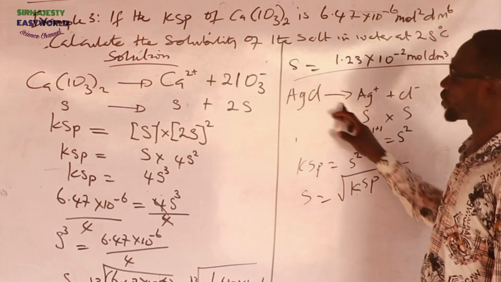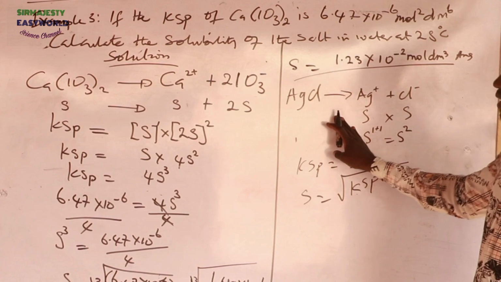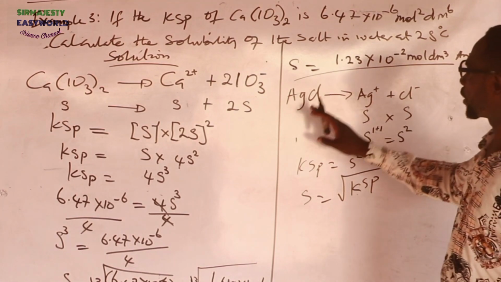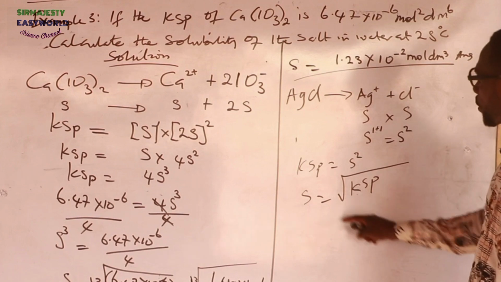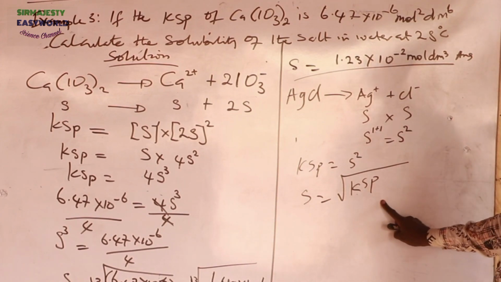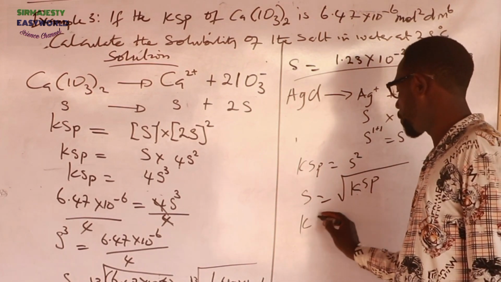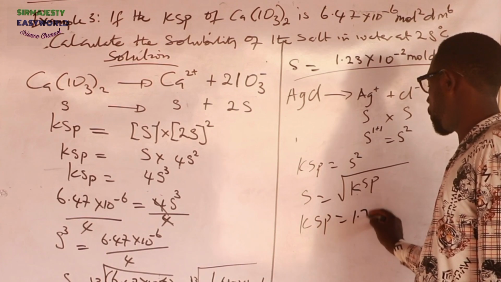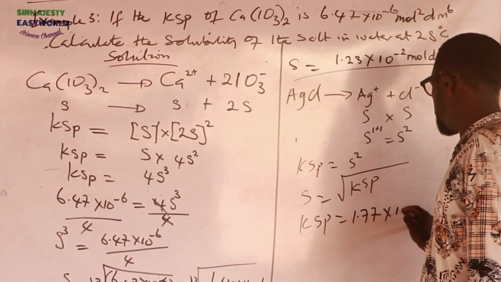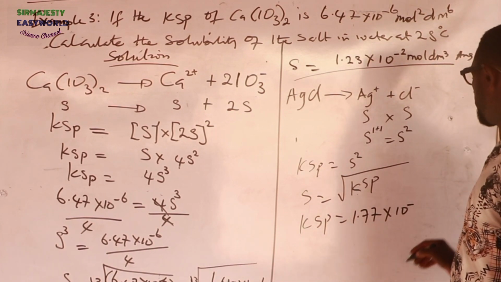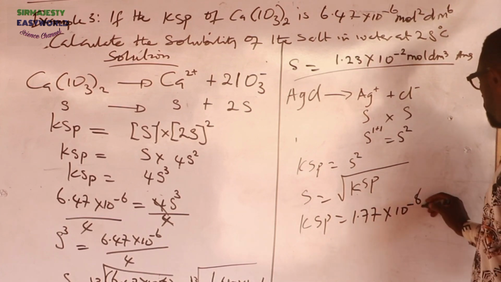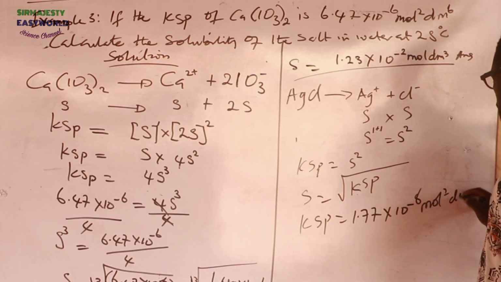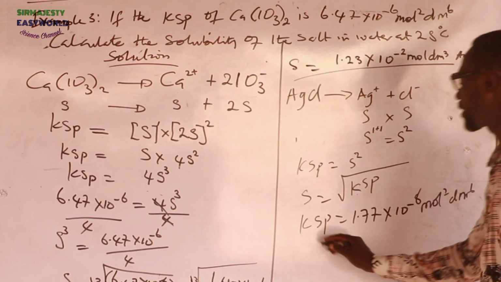So if I give you the KSP of silver chloride, because it's the easier one, for you to find the solubility, just take the square root of the KSP given to you. For instance, if I tell you that the KSP of this compound is 1.77 maybe times 10 raised to power minus 8 mole squared per dm6, and I tell you find the solubility.